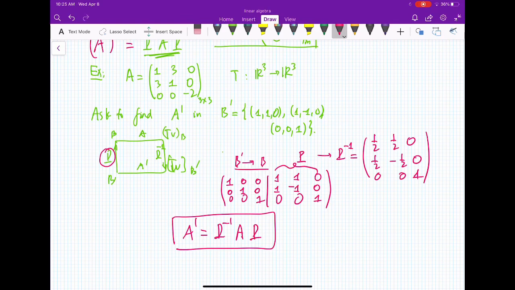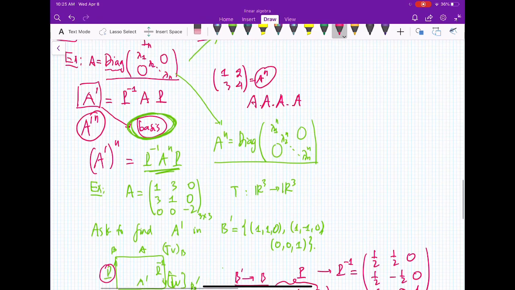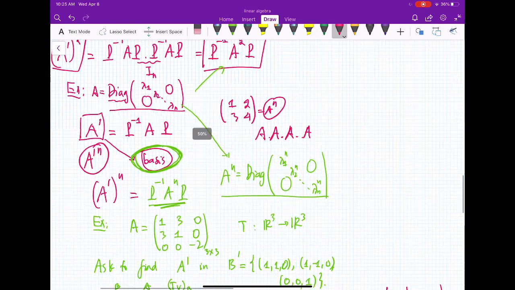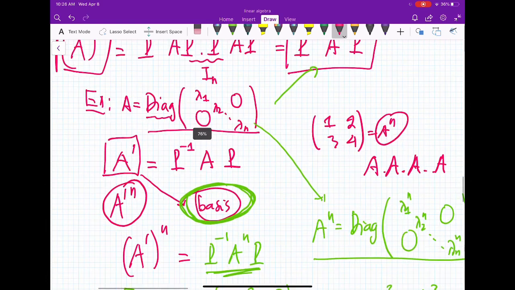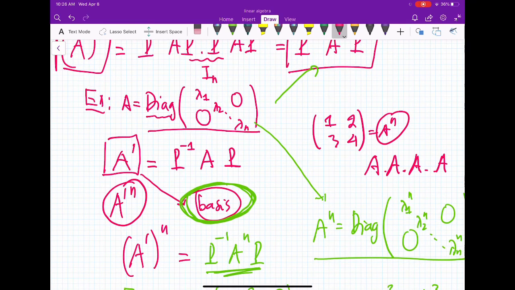So changing basis is very important, and finding a basis with respect to which the representation is diagonal is also a very important question, right? Thank you, and see you in the next video.